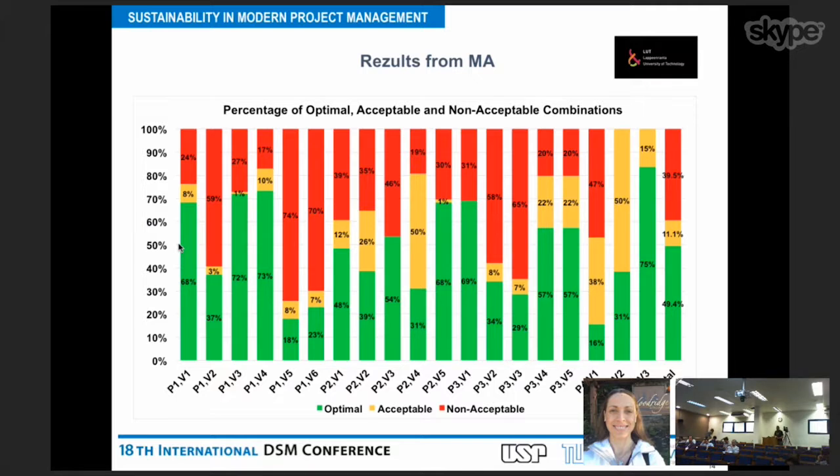So what are the best policy measures? What is the time of implementation? What is the risk of this policy? And what is the cost of this policy in terms of implementation?